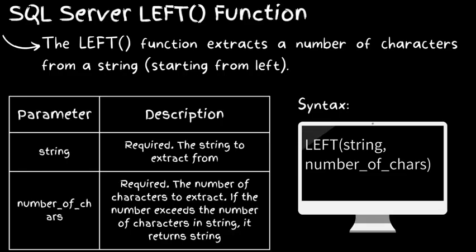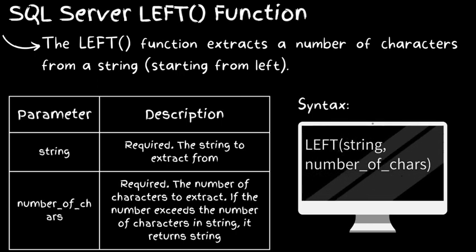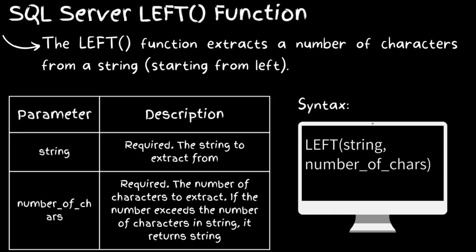Left function. The LEFT function extracts a number of characters from a string starting from the left. Parameters are string and number of chars. The string is the string to extract from, and the number of characters to extract. If the number exceeds the number of characters in the string, it returns the string.